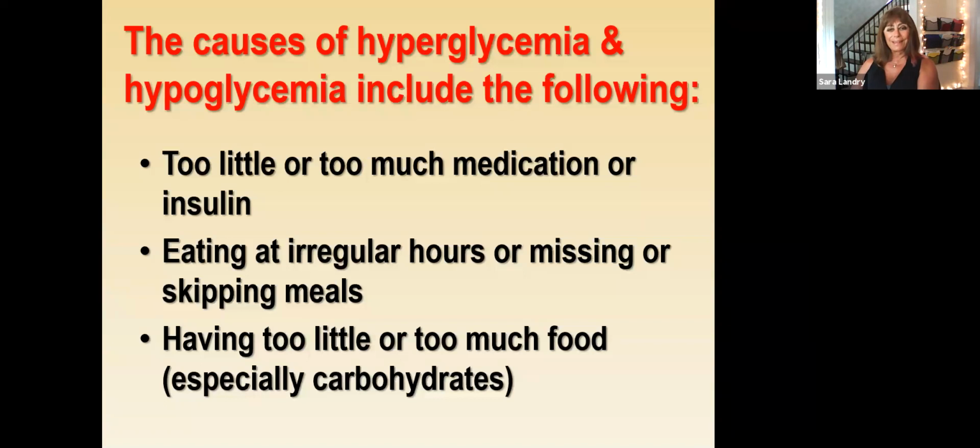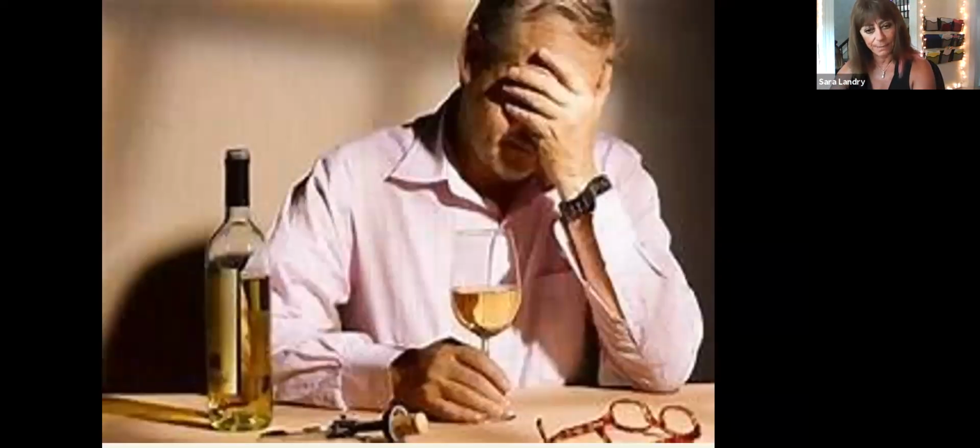If you eat at irregular hours or you miss or skip meals, one of the most important things if you're diabetic is to eat at regular times, so your body gets used to when you're going to have sugar in your bloodstream. If you eat too little, not enough, or you eat too much, especially carbohydrates, this can cause hypo or hyperglycemia.